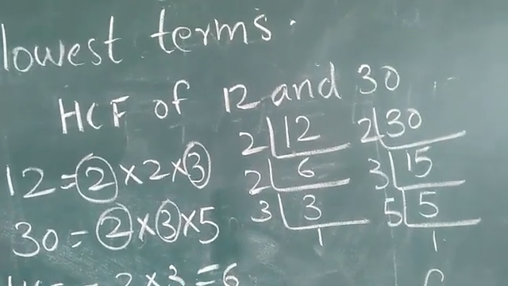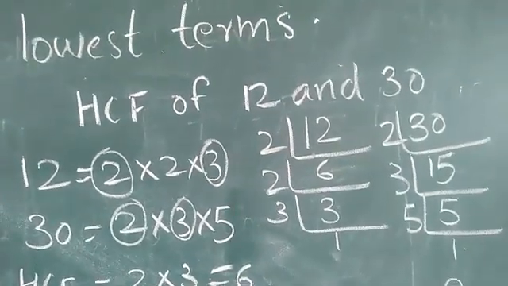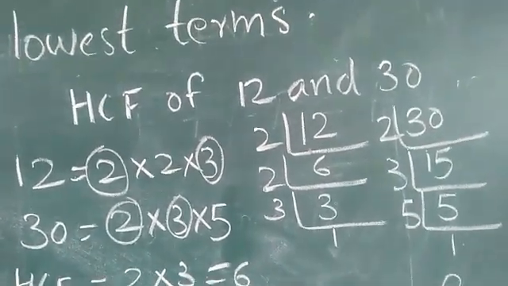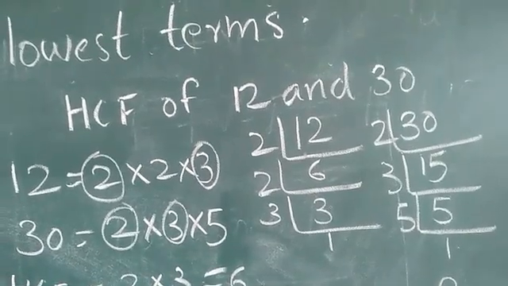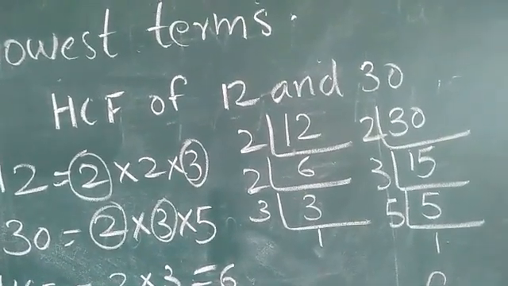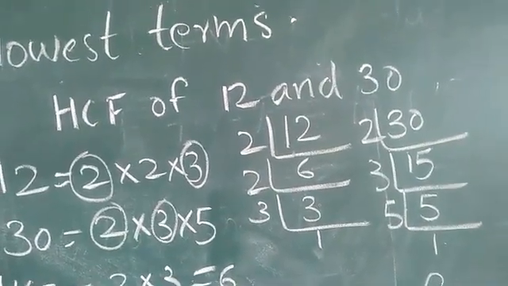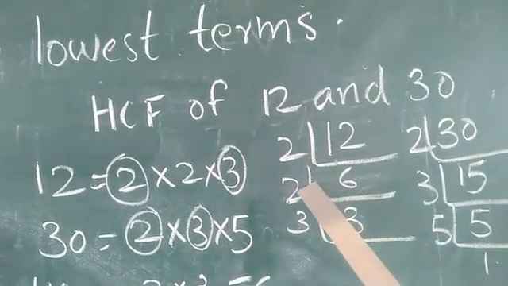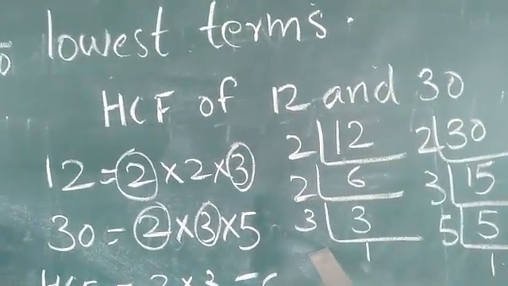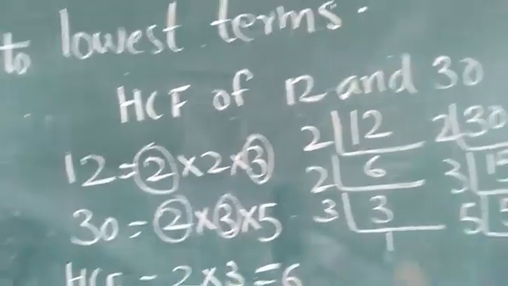So here 12 divided by 2, 6, then 2, 3. 30 divided by 2, we will get 15, divided by 3, then again we will get 5. These are the factors: 2 into 2 into 3, 12; 2 into 3 into 5, 30.